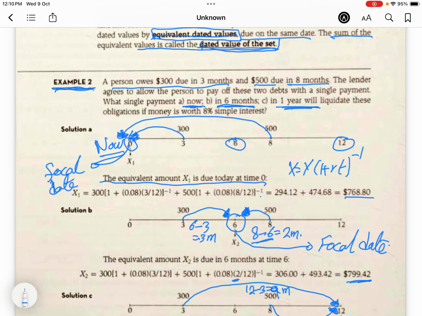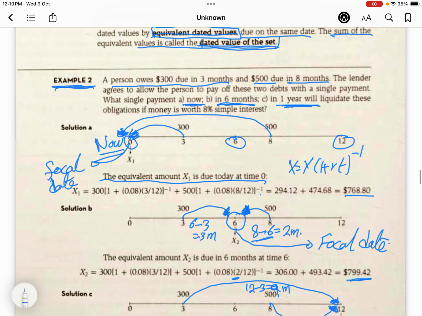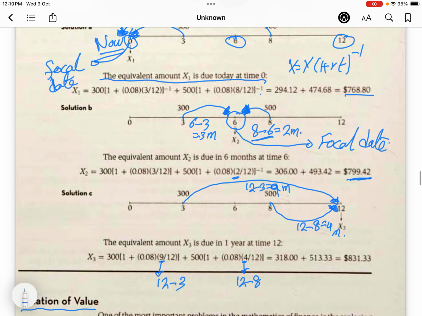Moving to the left means division. So x2 equals 300 multiplied by 1 plus 0.08 multiplied by 3 over 12, which is multiplication, plus 500 multiplied by 1 plus 0.08 multiplied by 2 over 12, to the power negative 1, which will be 799.42.